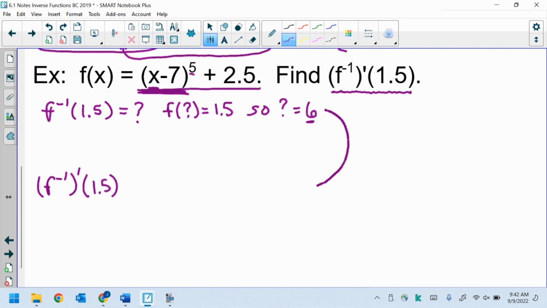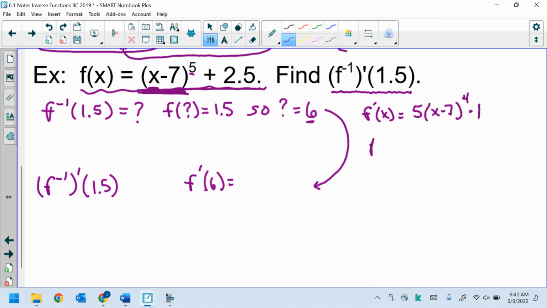Now let's bend that horseshoe around and let's start dealing with the derivative. What is f prime of 6? Well, here's f of x up here. Let's find the derivative. It looks like a chain rule problem. f prime of x is 5, don't mess with the inner function, to the 4th power times the derivative of what's inside.